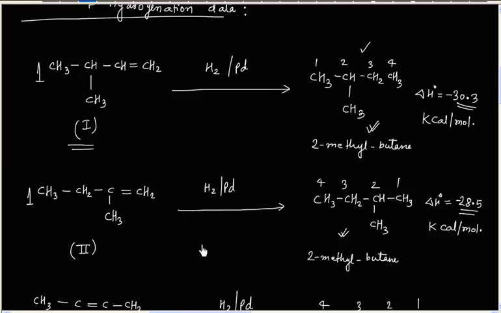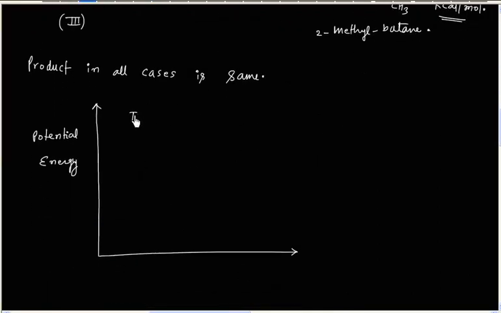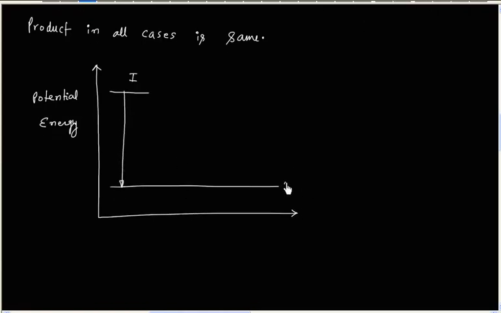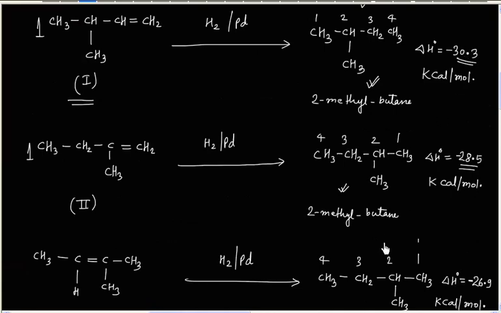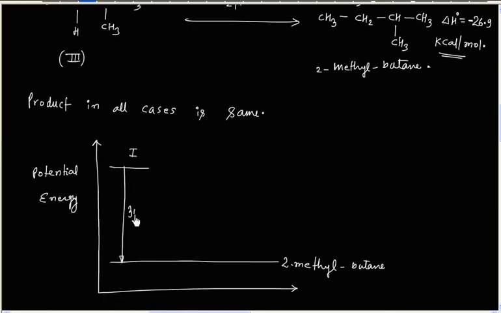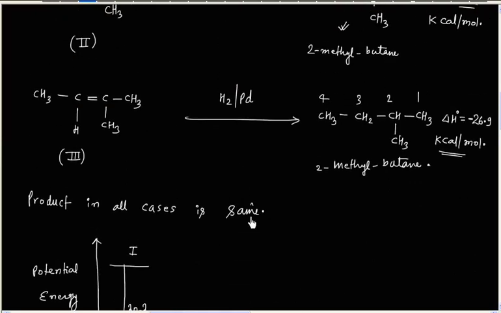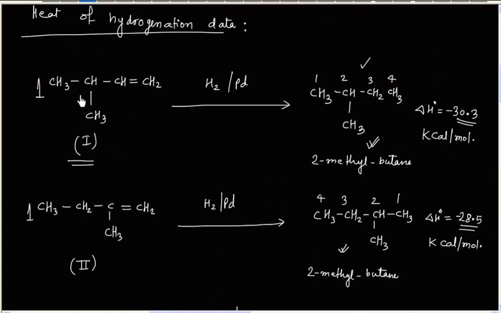So we have alkene 1 here, and when this is hydrogenated, final product is 2-methyl butane. In all cases the final product is same, and in this case energy released is 30.3 kilocalorie per mole, and molecule 1 is 3-methyl 1-butene.